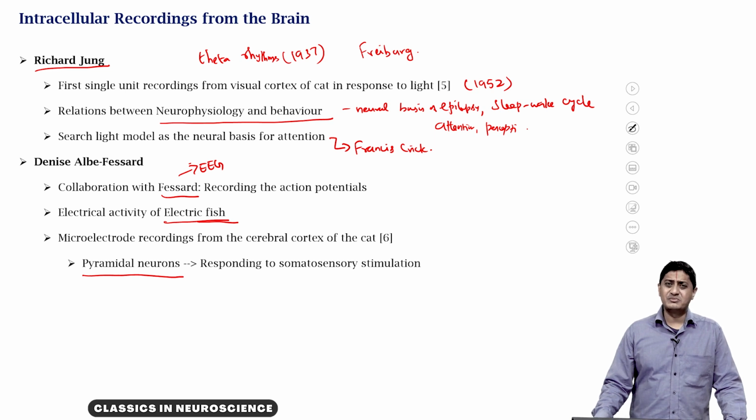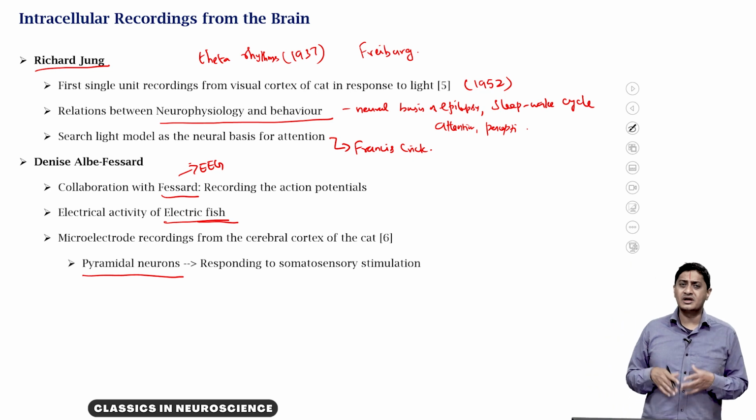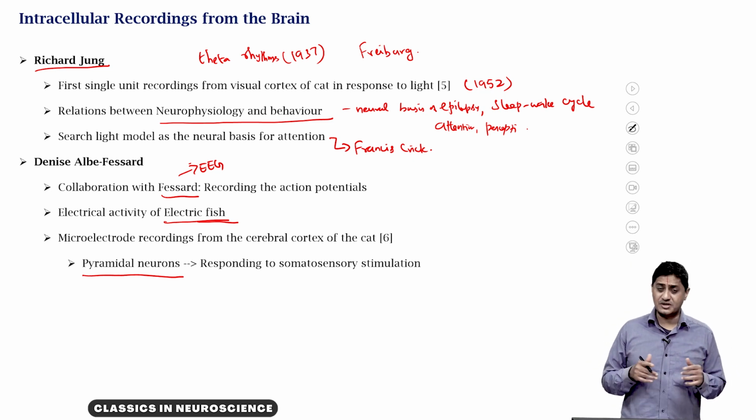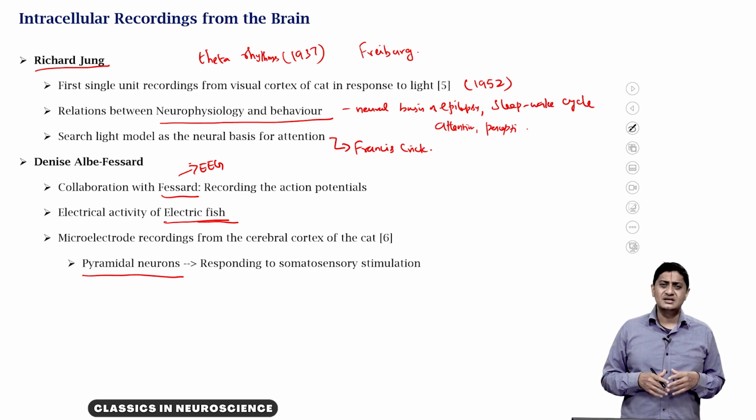Remember, these findings were published in French, so they did not get the attention that they would have got if published in English. The other challenge was that, being the first study, many people raised concerns that the recordings contained artifacts.